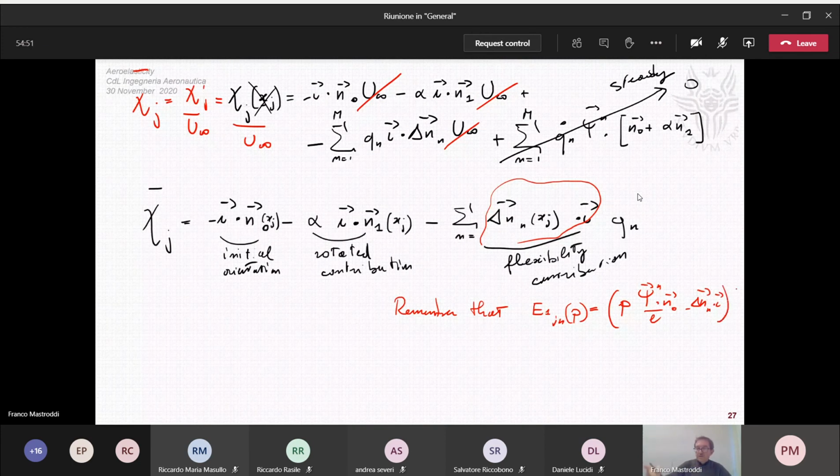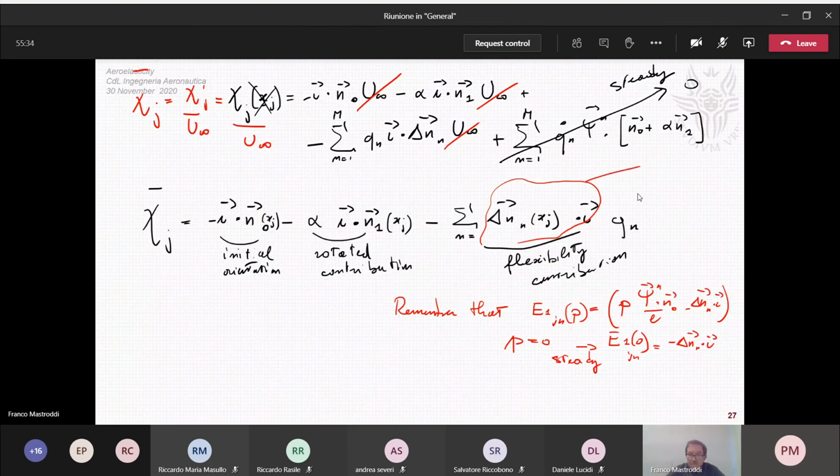If you take your note, you can check this, and this was the expression of the E1 boundary condition matrix. In this, if you take the steady limit case, like P equal to 0, you have that in steady condition the E1 0 Jn term is equal to minus delta n dot I. And this is exactly what we have here.